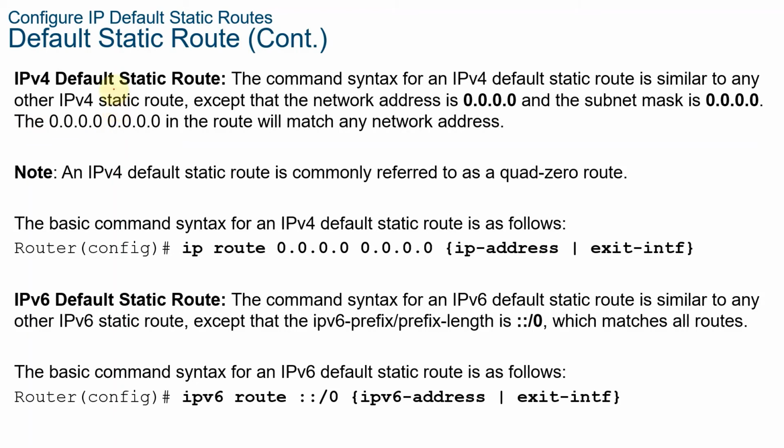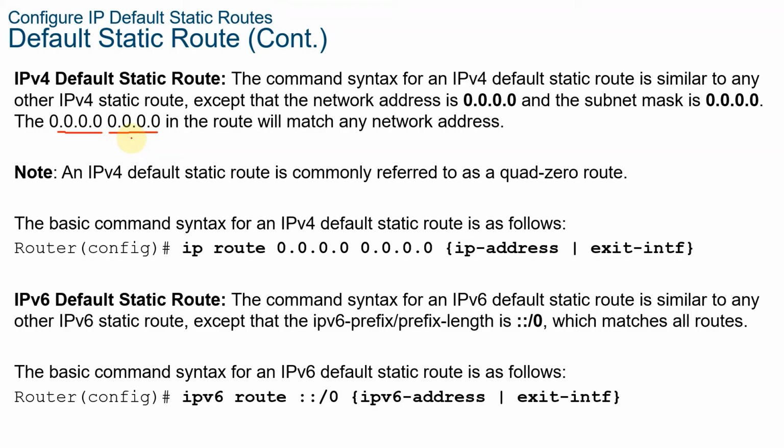Let's talk about the default static route syntax. The command syntax for an IPv4 default static route is similar to any other IPv4 static route, except that the network address is 0.0.0.0 and the subnet mask is also 0.0.0.0. The quad zeros in the route will match any network address.